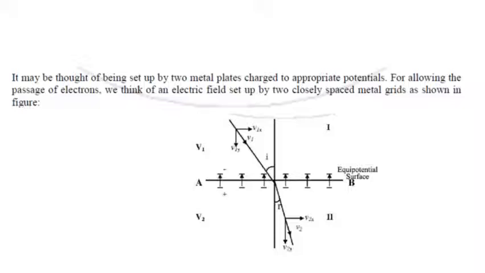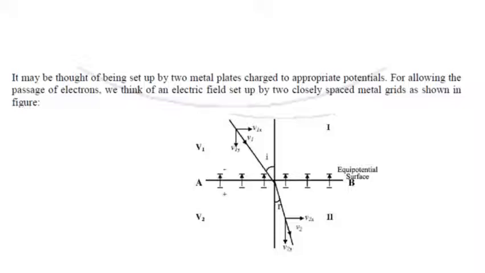It may be thought that two metal surfaces are charged to appropriate potentials, and between these two surfaces A and B, the electron is passing through equipotential surfaces.